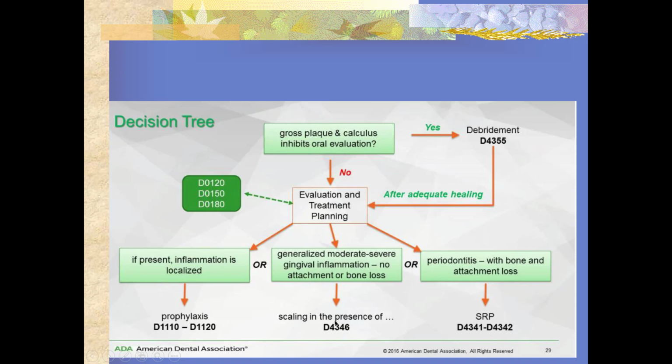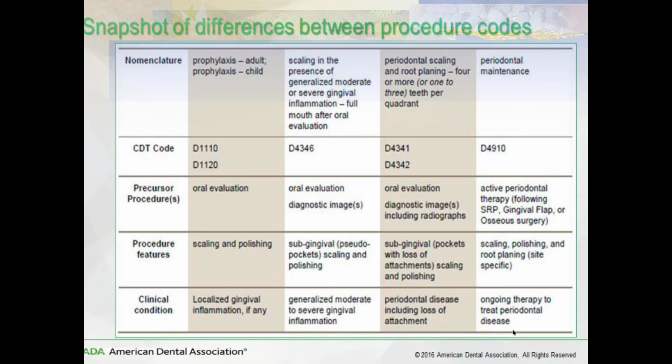You learn quickly in private practice, because if you submit the wrong code, it won't be covered, and then everybody's angry. Here's another table, a snapshot of the current codes. Usually in offices, there's someone whose expertise is dental insurance, and those are usually the really productive offices, where they really know the patient's benefits and what works and what doesn't. But it's always good to have a basic idea, though I won't test you on that.